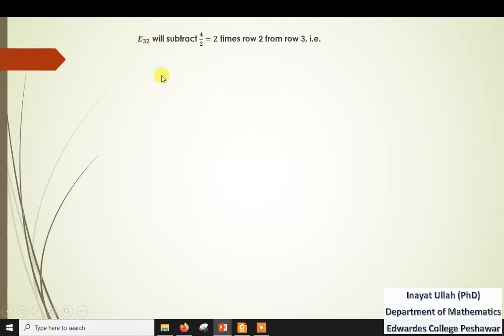So changes will occur in row 3, and in row 3 we will write 2 with negative sign to get E32. So that is E32. We will write in row 3 a 2 with negative sign in that place where there is 1 in row 2.